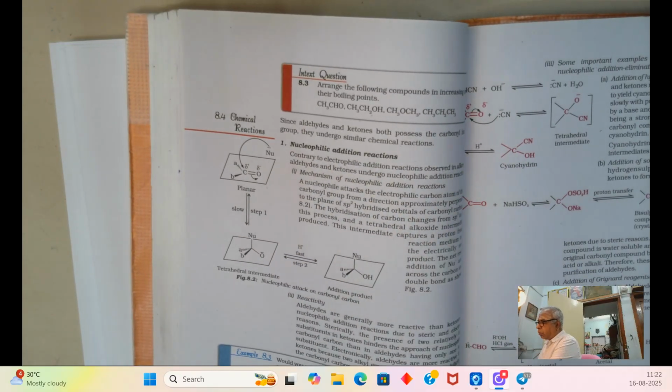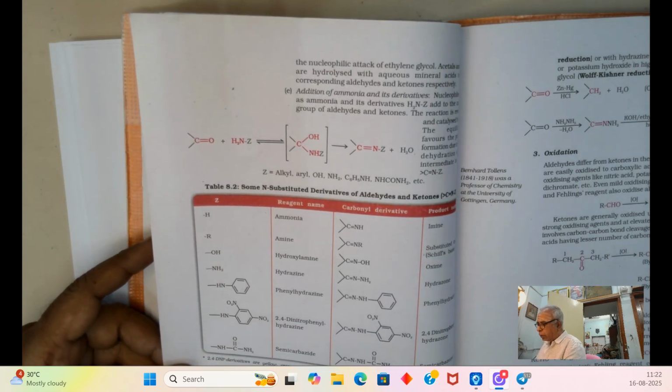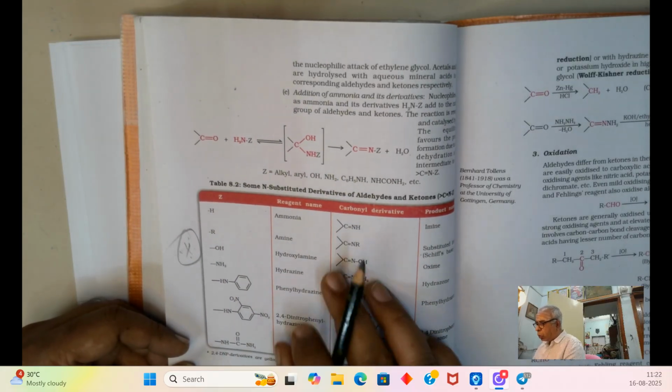And you've got almost 2 or 3 pages about this. Then based on that, you've got a very important table, and you must learn all these things by heart. And based on that, you must be able to derive the particular reactions also, where you have substantial questions based on this table.